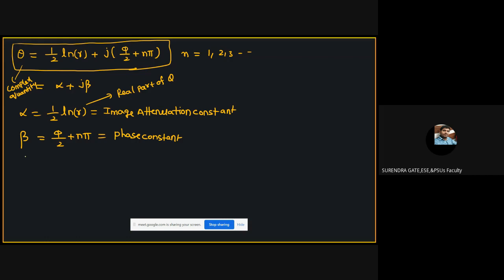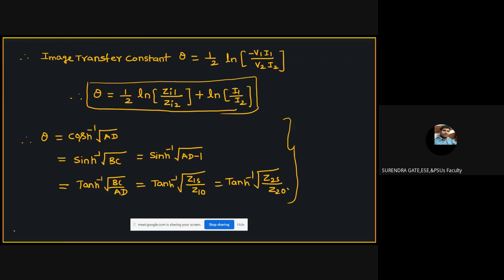This is the imaginary part of theta, where theta is the transfer constant. Okay, this is about what exactly a transfer constant and image parameters are. These are the important topics with respect to two-port networks.